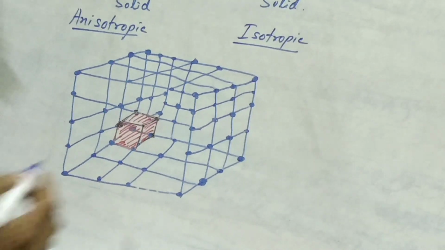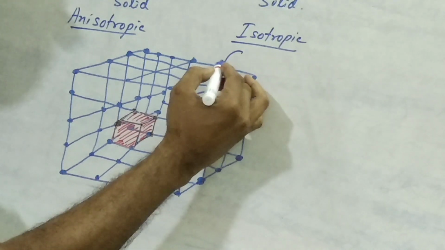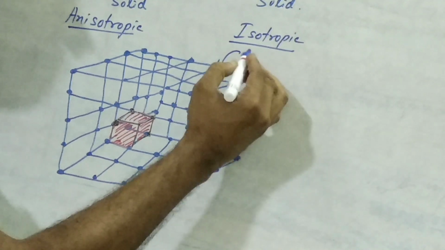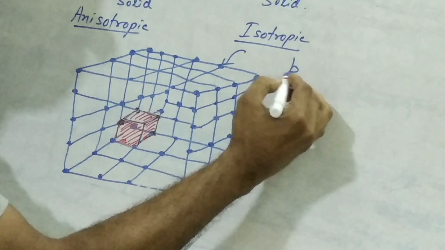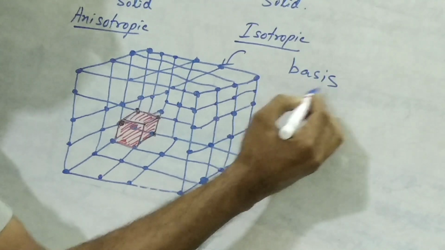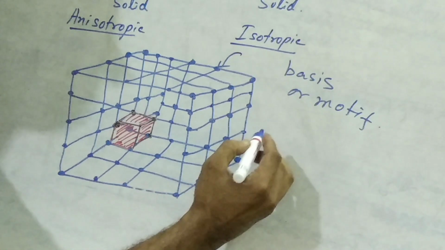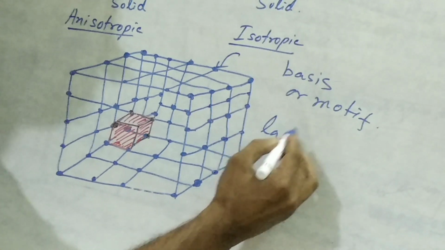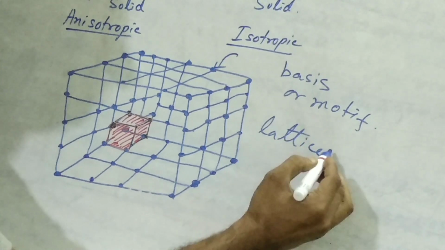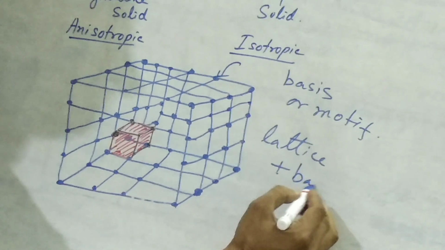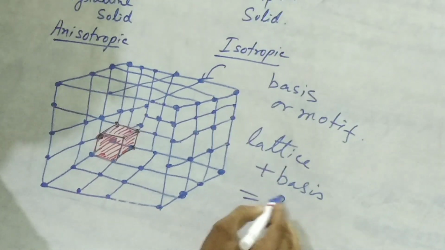And the constituent particles placed into the lattice are called basis or motif. So we may say that lattice plus basis equals a crystal.